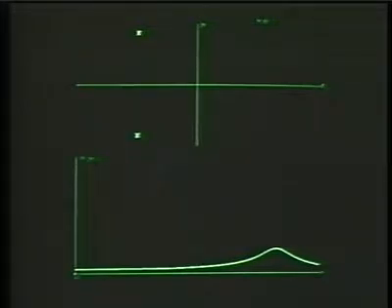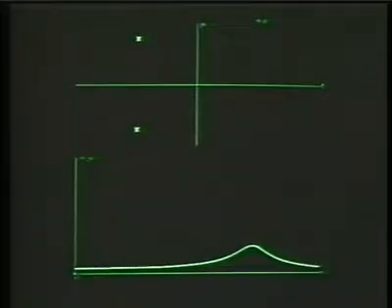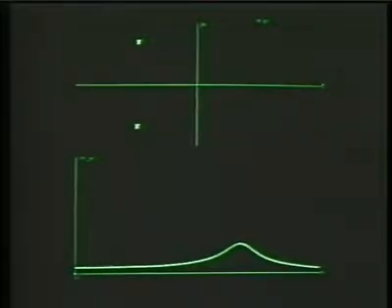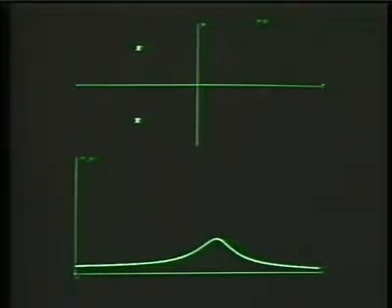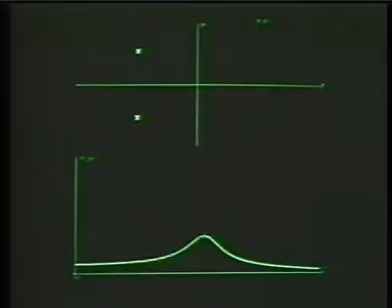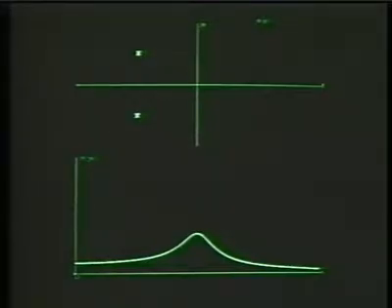And so let's now see that. And here we are back at the frequency that we started at.